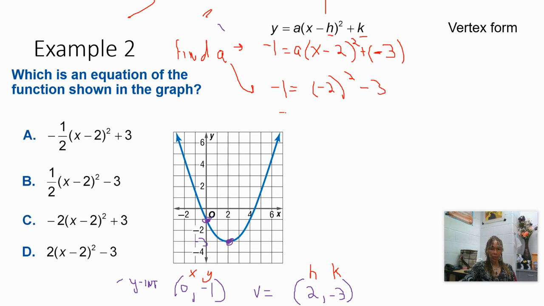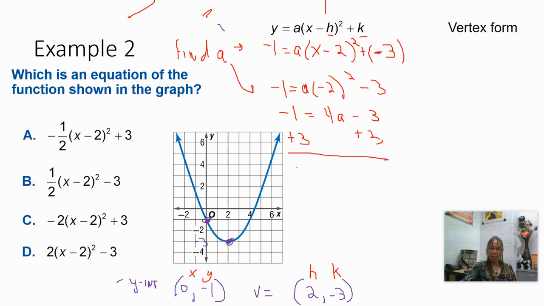To continue to simplify, I'll have -1 equals, okay, that's 4a, because -2 squared is 4a minus 3. And I'm going to add 3 to both sides.